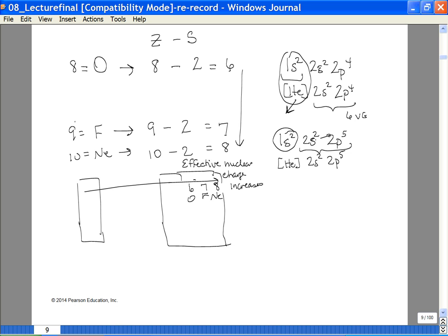So we can see how that trend increases as we go from the left side of the periodic table to the right side. It increases in positive charge because the number of core electrons that we are subtracting from that positive value for the nucleus stays the same.